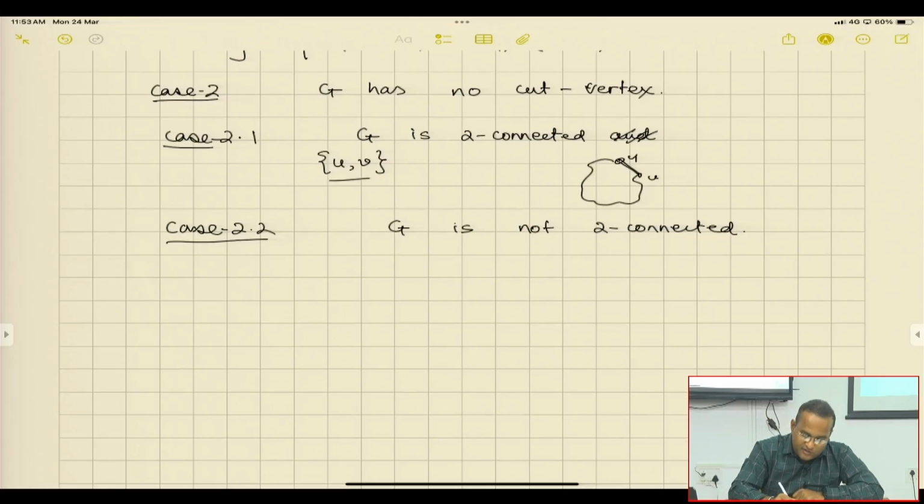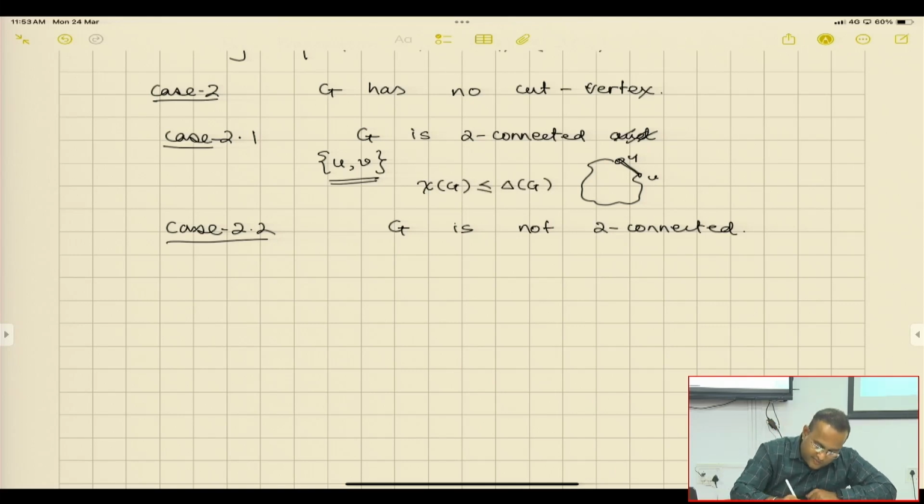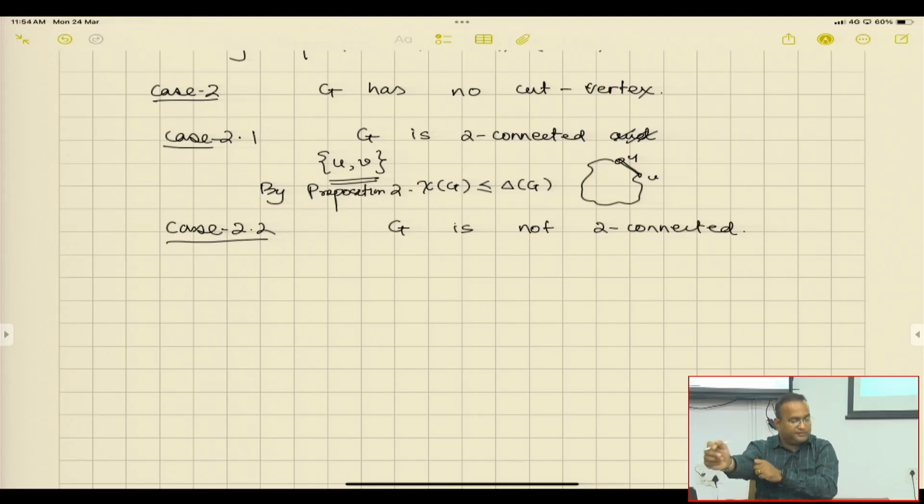So because of that we can say that chi G is at most delta, right, by proposition.